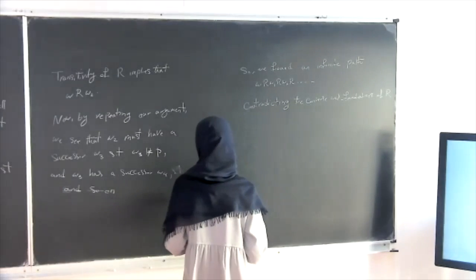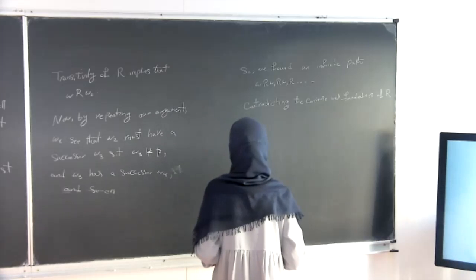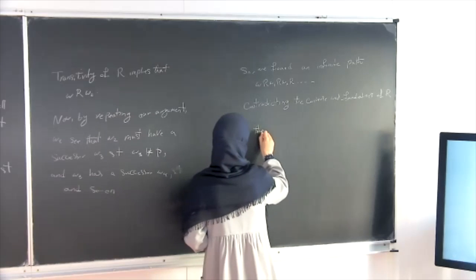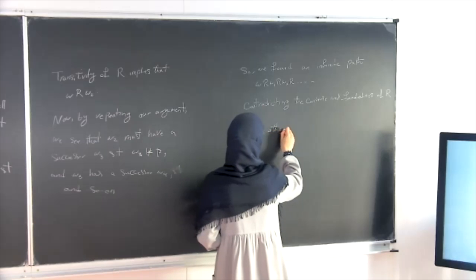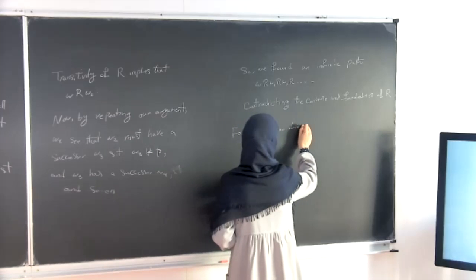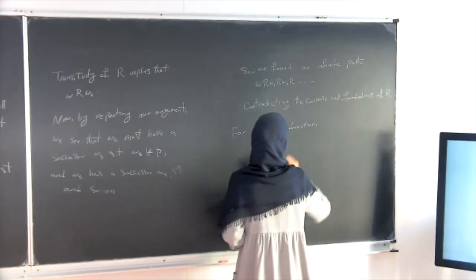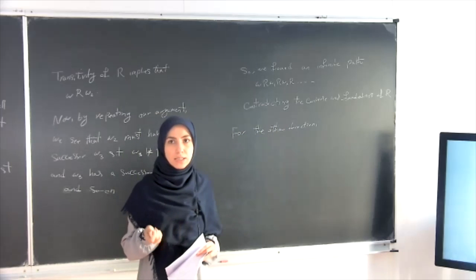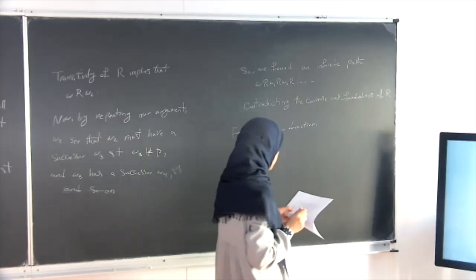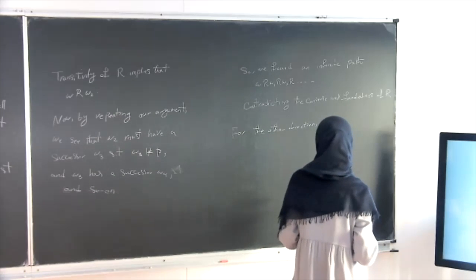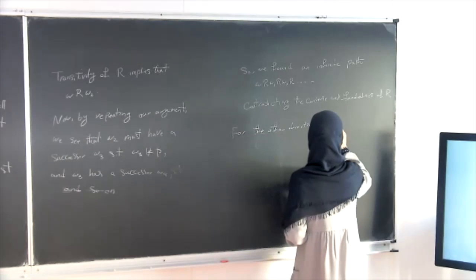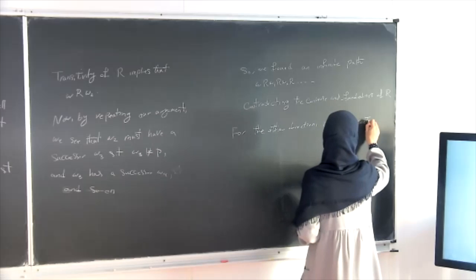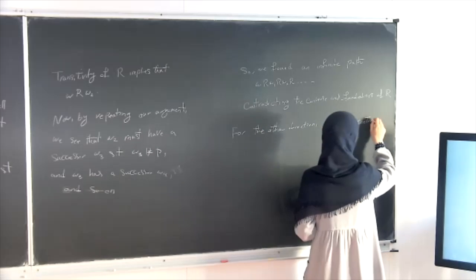Now for the other direction. We have to show that if L is valid on F, then F is transitive and conversely well-founded. To prove that, we use contraposition.